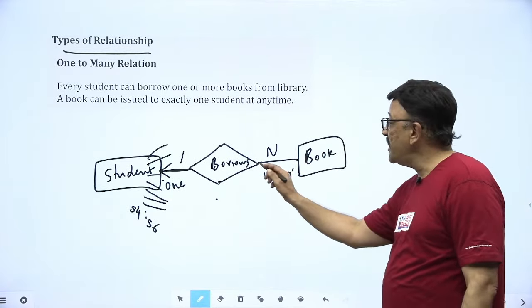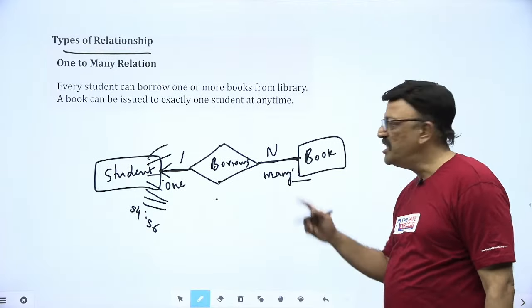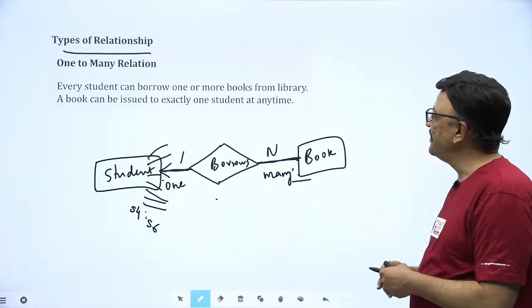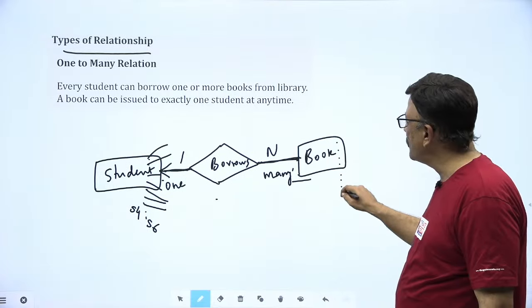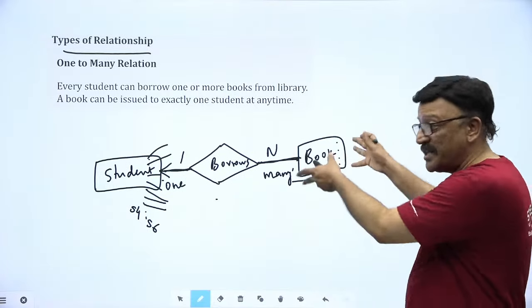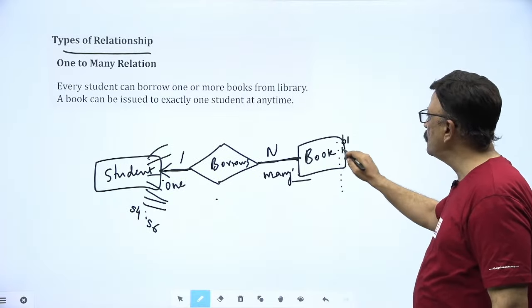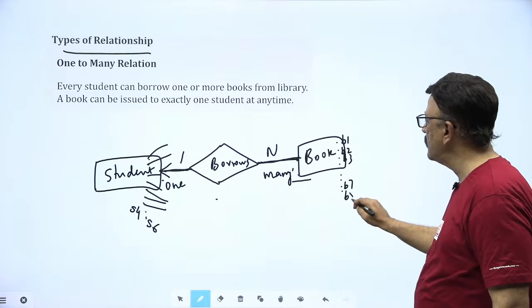Let's check this line on the book side. This is the many side. Should this be partial or total? Let's question. We have some 10,000 books in our library. So this represents the set of those books. Maybe B1, B2, B3, many books. B7, B8.